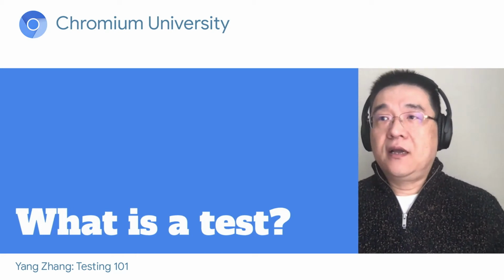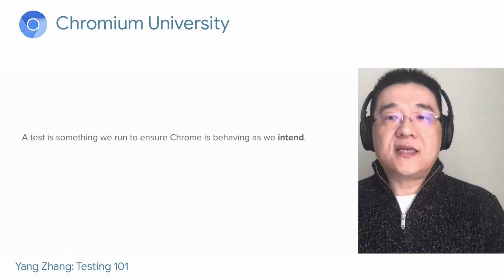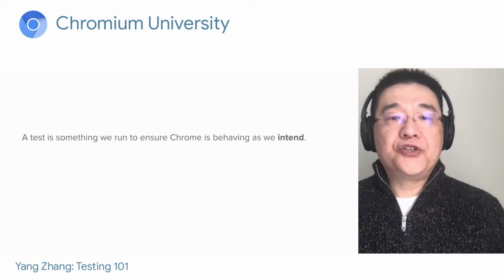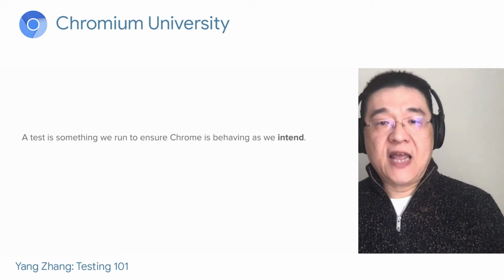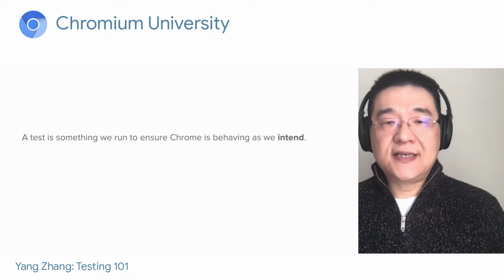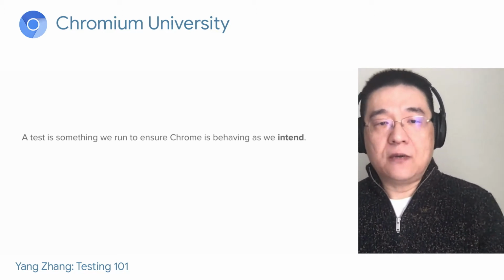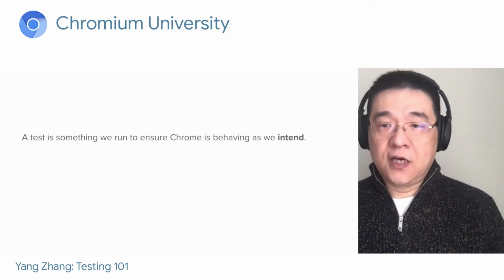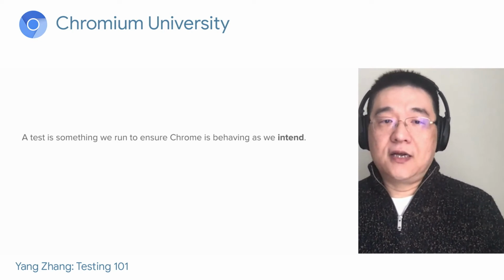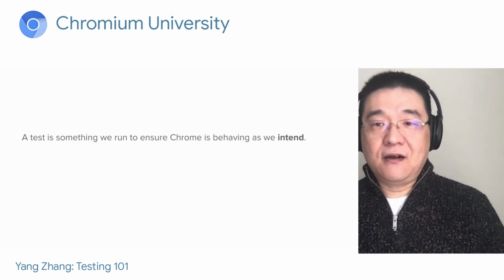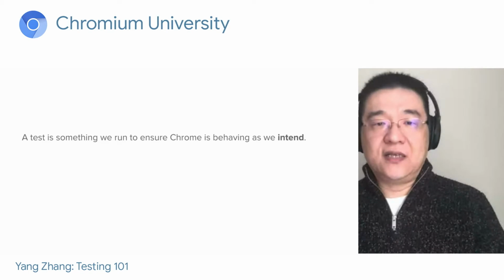So a test is something we run to ensure Chrome is behaving as we intend. Mostly it's to make sure Chrome behaves like Chrome. I'm using a car as an example. If you build a car, you make sure it is a car and runs like a car. It's not like a bicycle. It's not like a boat.